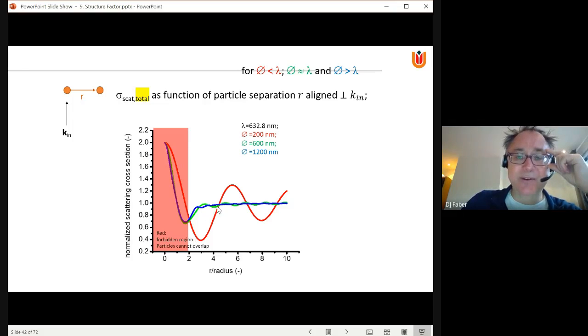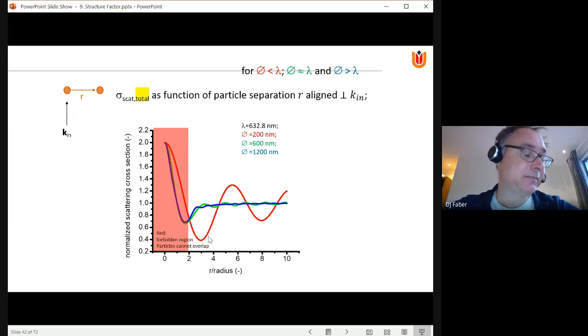But now, if we look, for example, at the smallest particle, if they are very close, we find a number that is less than 1. So in this case, the interference is destructive. So the total scattering cross section of the system appears less than the scattering cross section of the two individual particles.